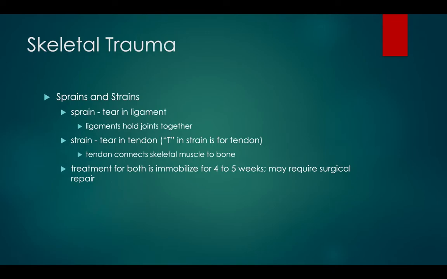These are both treated with immobilization for 4 to 5 weeks. Sometimes it may require surgical repair if there's a significant tear. Sometimes if there's a small tear, they'll just let it heal on its own. But if there's a larger tear, then they'll have to do surgery. And that surgery may involve replacing the ligament or tendon.